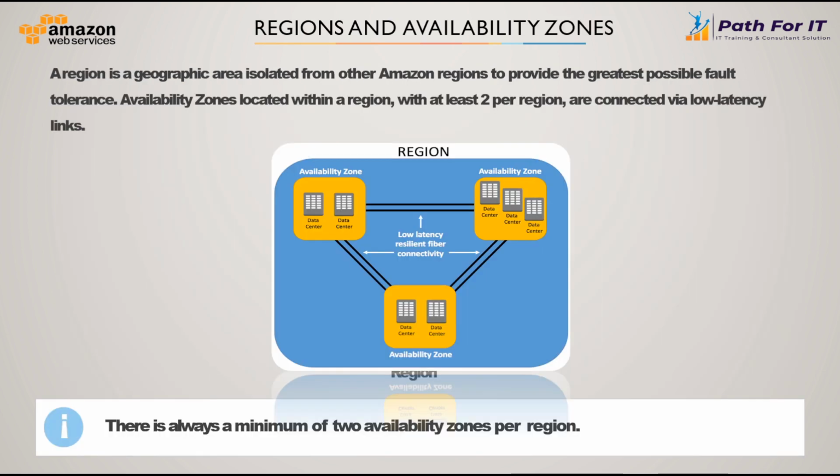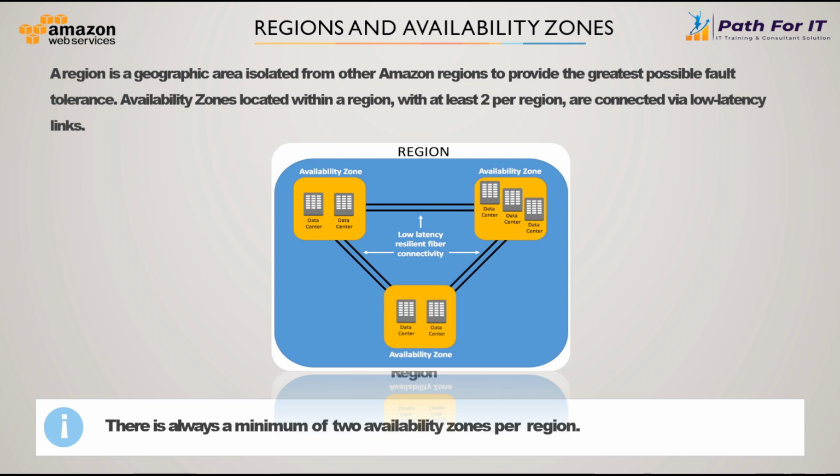Now we'll try to understand what regions and availability zones are. Basically, a region is a geographic area isolated from other Amazon regions to provide the greatest possible fault tolerance.